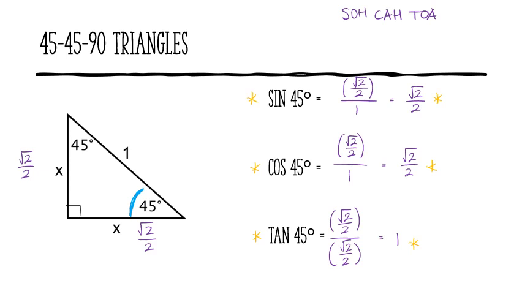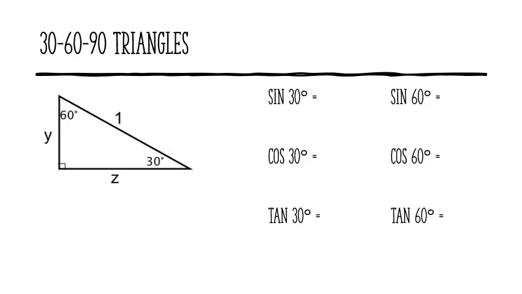We're going to move on though and talk about our other types of very special triangles, our 30, 60, 90 triangles. So these are again so named because we've got a 30-degree angle, a 60-degree angle, and a 90-degree angle. So we're going to identify the 3 main trig functions for each of these.